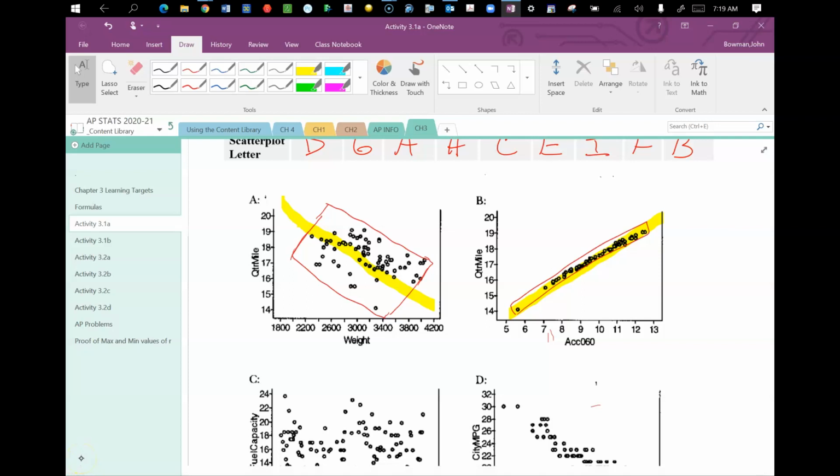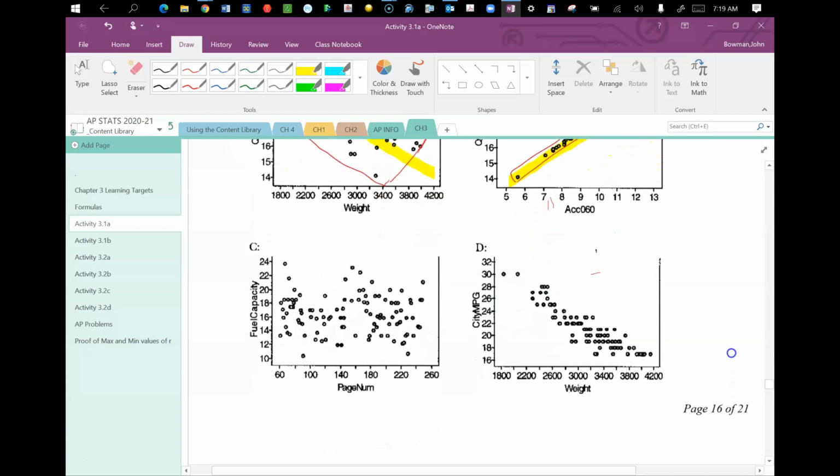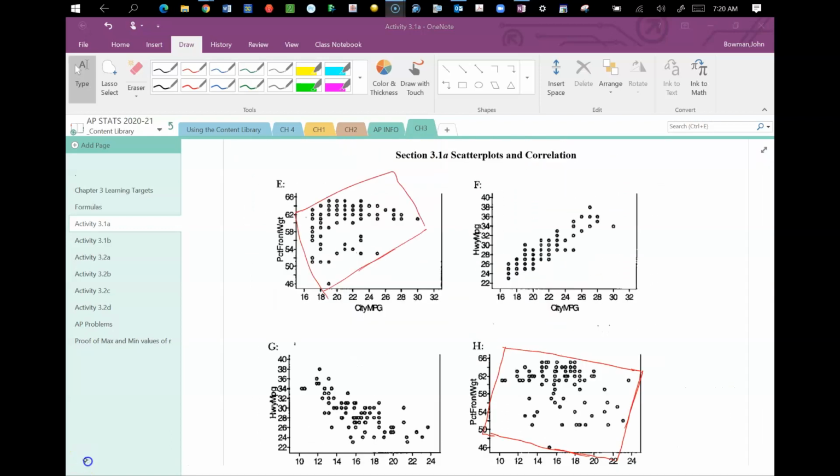In the future, we're going to have a numerical measure of that, which can be done with a calculator. Sometimes drawing these rectangles, it's a little hard to determine the direction of the rectangle, so give it some time, practice a little bit, and see what you can do with that.